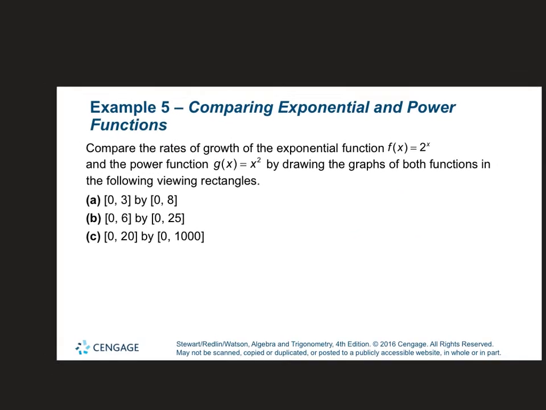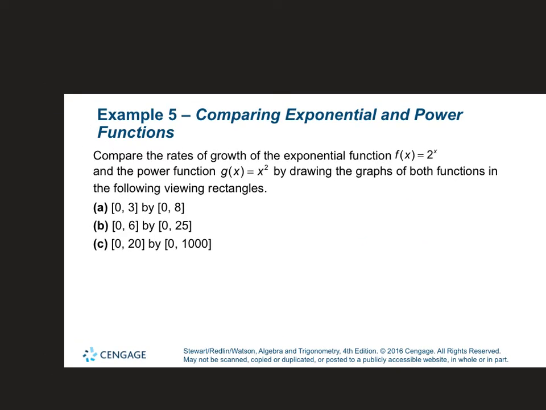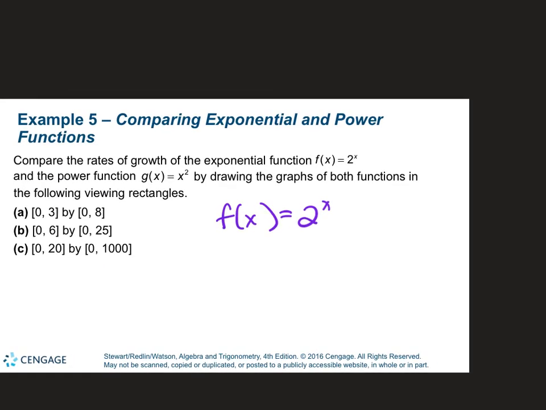All right, if I was going to compare the rates of growth, guys, this is just like finding slope, right? If I wanted to compare the growth, this is an exponential function. And this is a quadratic. How did I know the one on the right was a quadratic?